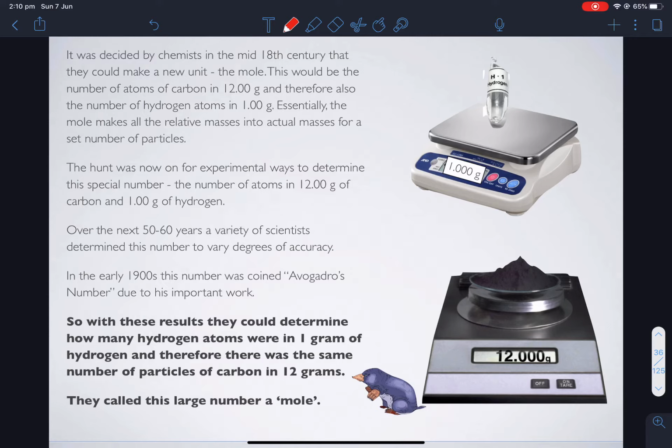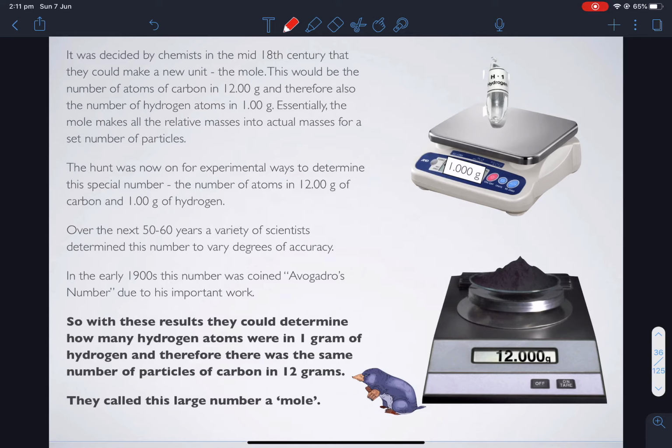Then there'll be the same number of particles in 1 gram of hydrogen. However many particles there are in 12 grams of carbon, there'll be the same number of atoms in 1 gram of hydrogen. Okay, so that's relative atomic mass.